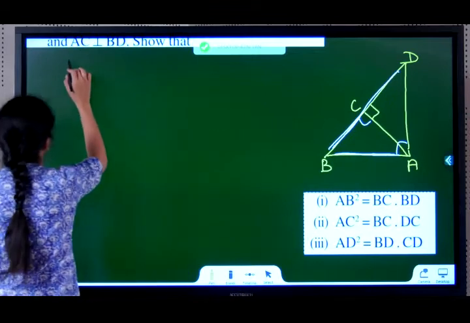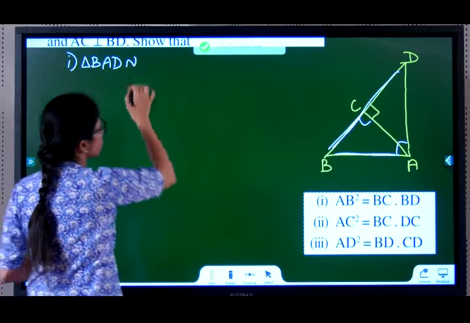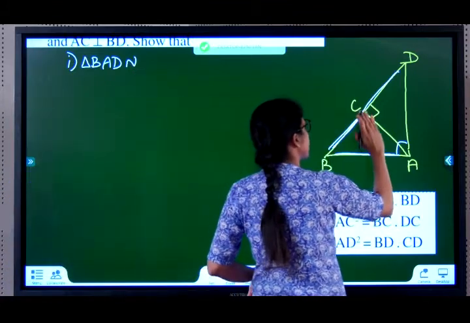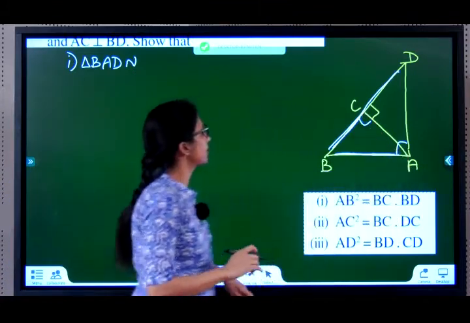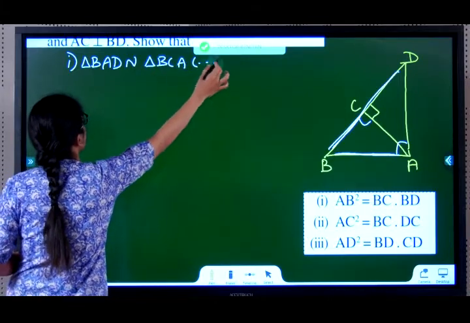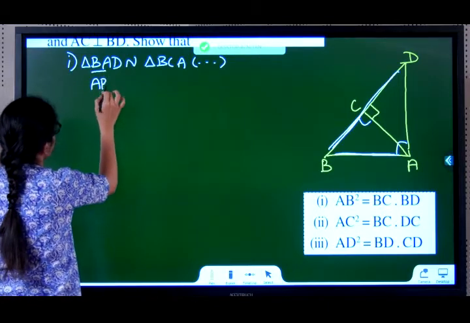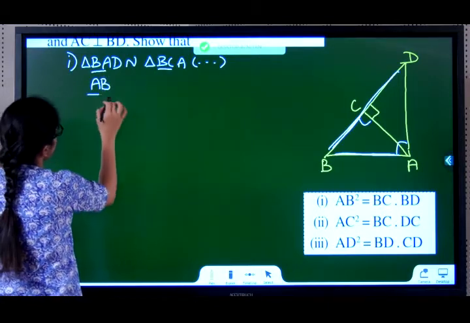So triangle BAD is similar to BCA, with common B and 90. State the perpendicular theorem. Now I want AB, so AB here, I get BC.